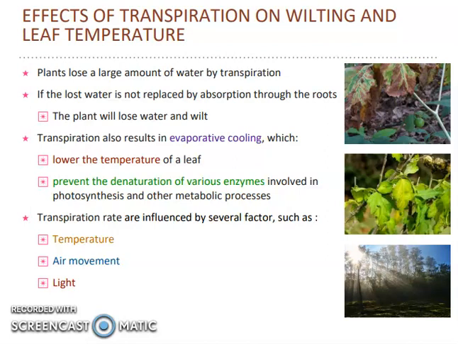Other impacts of transpiration cooling are, first, it lowers the temperature of the leaf, and second, it prevents the denaturation of various enzymes involved in photosynthesis and other metabolic processes in plant tissue. The rate of transpiration in plants is affected by several factors, for example temperature and movement, light, humidity, and so on.